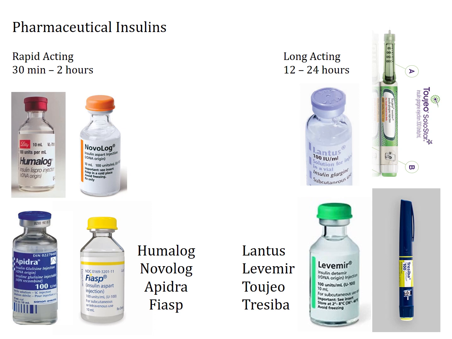Something injected once gives them greater than 12 and as long as 24 hours duration of effect, mimicking the basal dosing, right? 4 of them are on the market: Lantus, Levemir, Toujeo, and Tresiba. And we'll look at how these insulins vary.